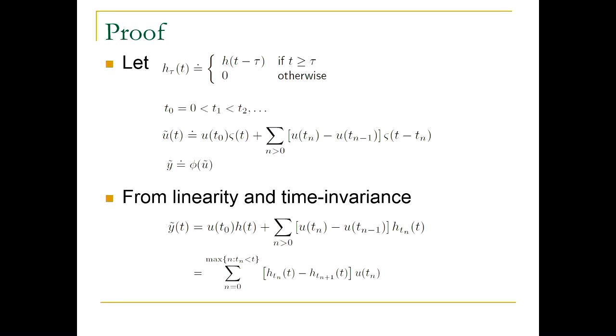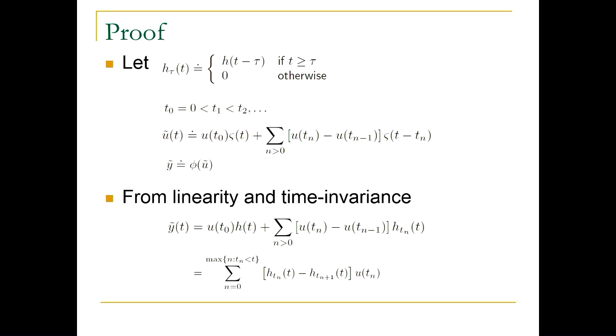Well, note that the input now, u tilde, is a sum of scaled inputs. I would use linearity here. Because what would be the output? It would be the sum of the outputs to the corresponding signals. I can also take scaling factors outside because of the superposition principle.